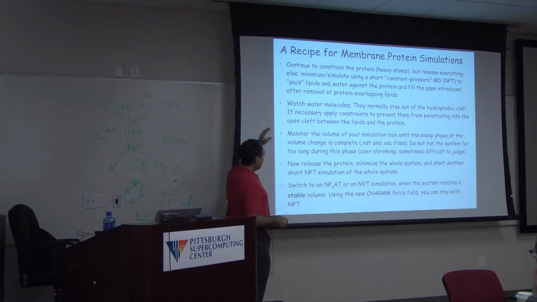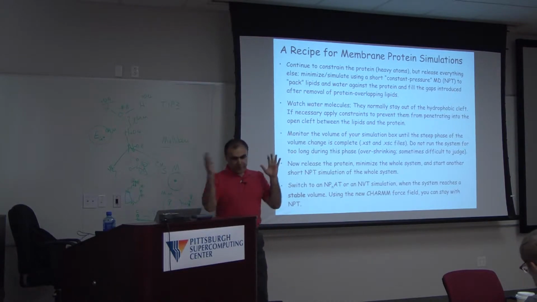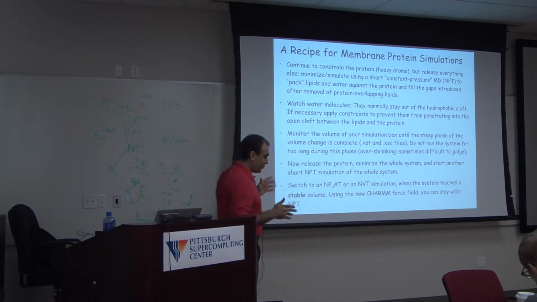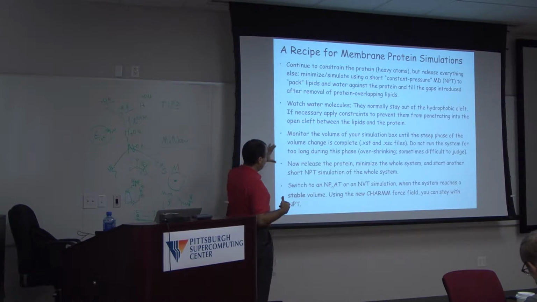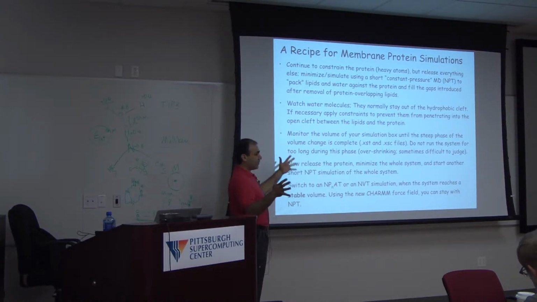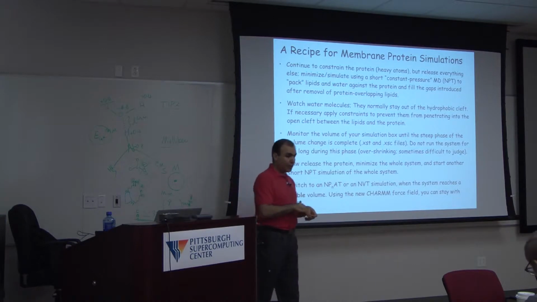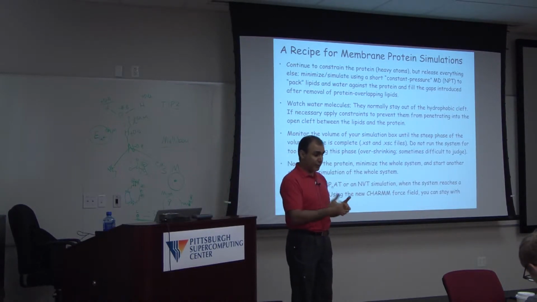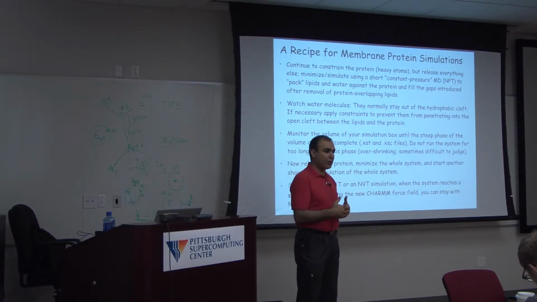Okay, but again, if you are using different force fields other than CHARMM, or if for any reason someone needs to use older versions of CHARMM, we don't want to allow the system size to shrink too much, because we have this general problem that most force fields, including earlier versions of CHARMM, have the tendency to take the lipids to a gel phase, in which you have a very small area per lipid.